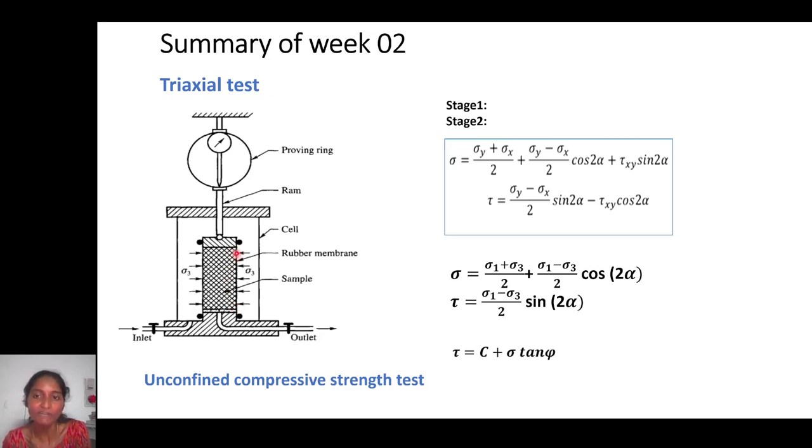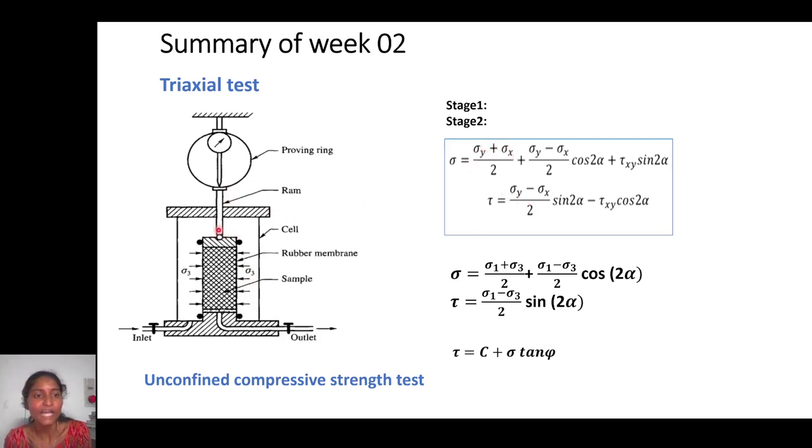So what is the advantage of that? Previously we already had an equation to calculate the normal stress and shear stress on any plane. Now I understand that sigma 3 is the only force being applied on this plane, which means there is no shear stress. Then we can consider this sigma x as sigma 3.